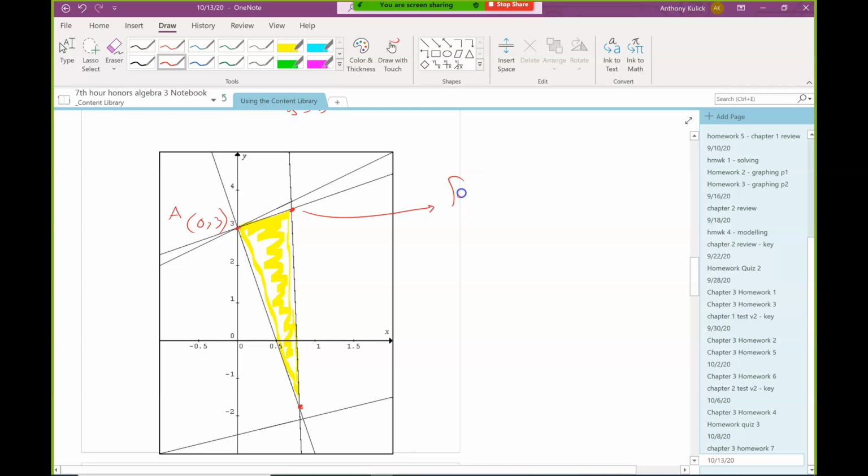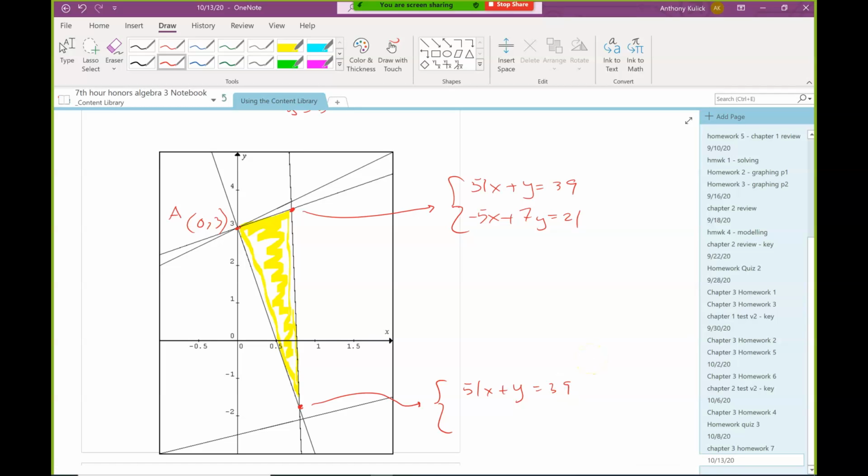So for this point, my system is, and it's like blue line 6x.